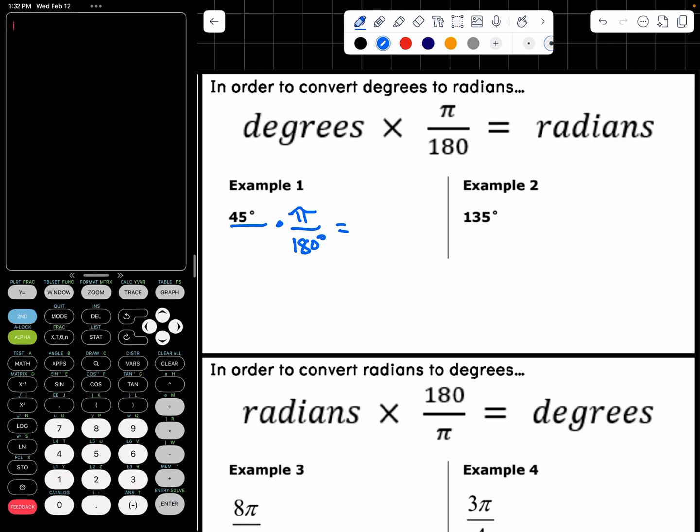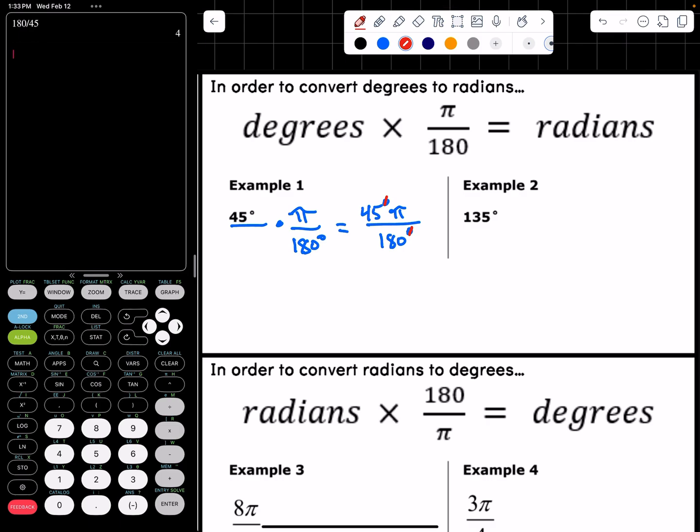So a couple different ways to think about that. You could multiply it across right now, 45 degrees times pi over 180 degrees. We know that our degrees are going to cancel out because they're the same on top and bottom. And then we need a number that goes into 45 and 180, or we could just divide 180 by 45, and we're going to get 4.